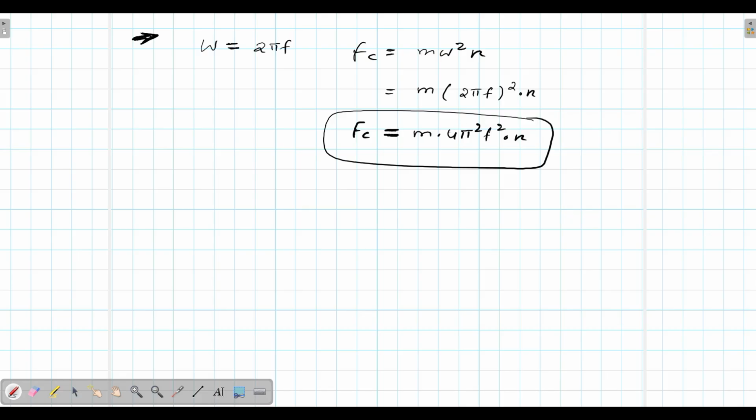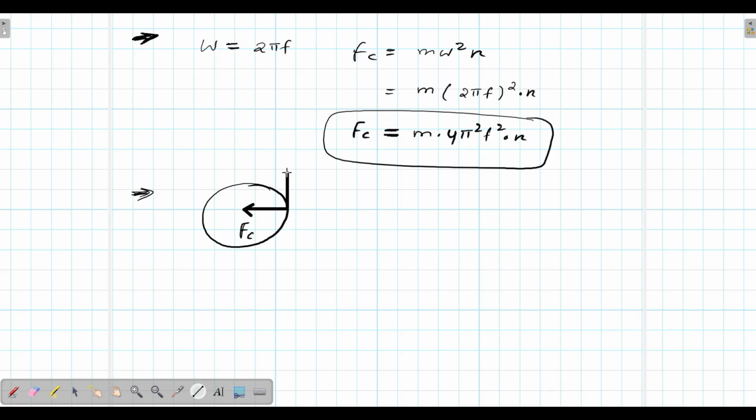So work done in case of centripetal force is 0. Force is directed to the center. Displacement is directed tangentially.